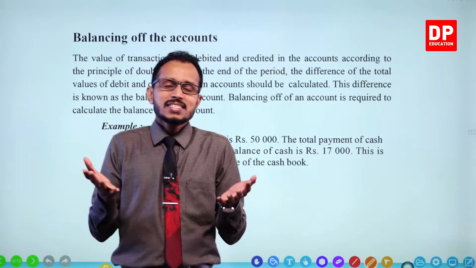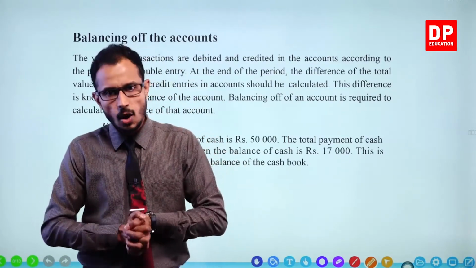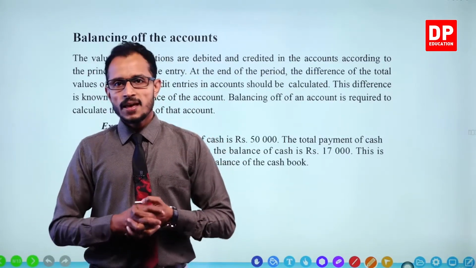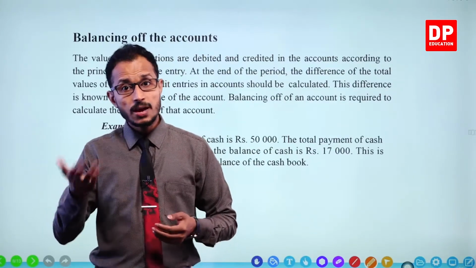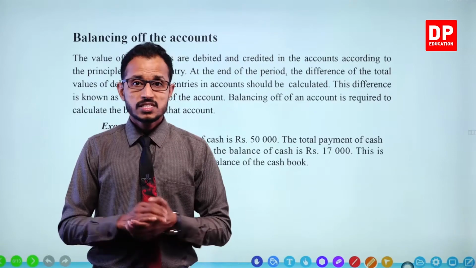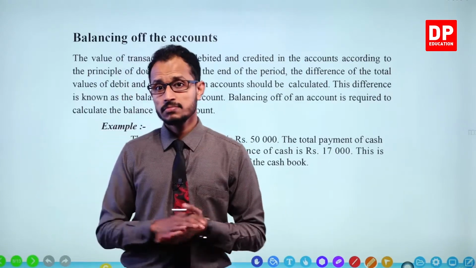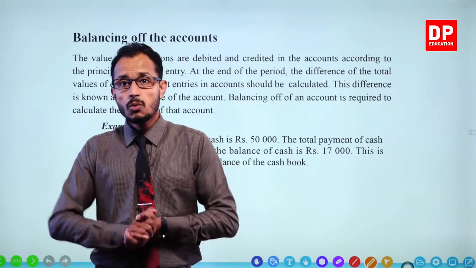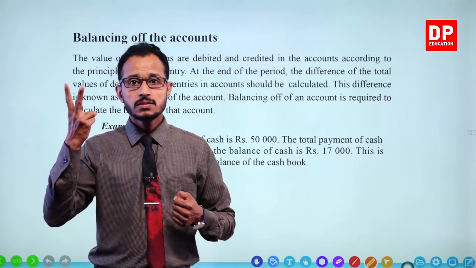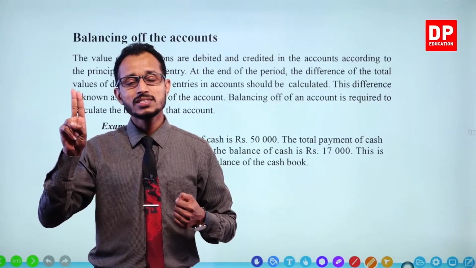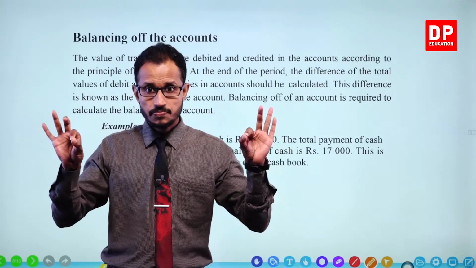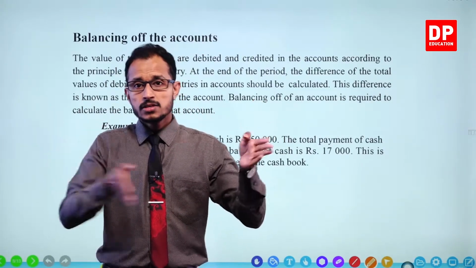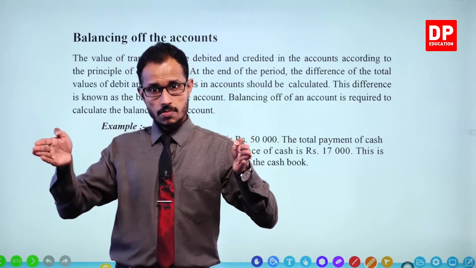But it doesn't necessarily have to start on 1st of January. Most businesses start their accounting year on 1st of April, sometimes 1st of May. However, a period of 12 months is considered an accounting period.